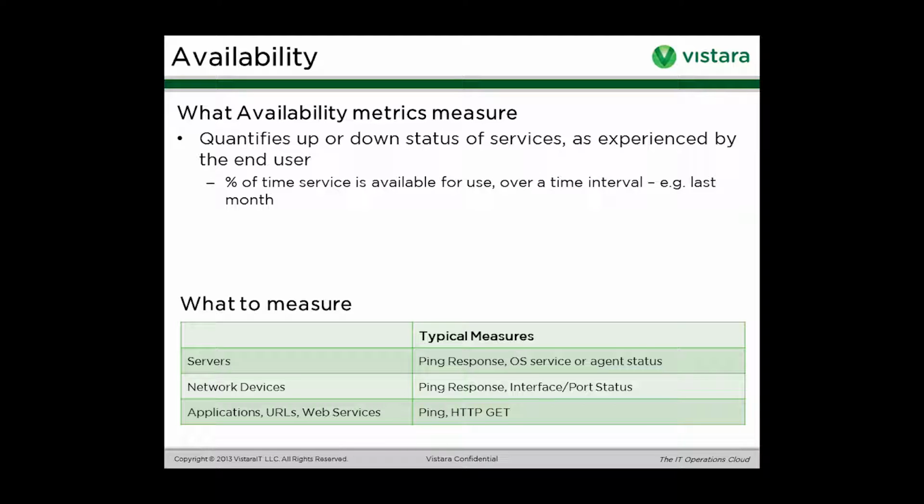And to get more specific in terms of what you would measure to get availability for servers, for example, you would measure, is a server responding to a ping, as simple as that. Or you may look at specific services running inside the operating system and look at if those services are responding to your request. So this is really a very basic, simple, but extremely important metric to track if IT is run well.